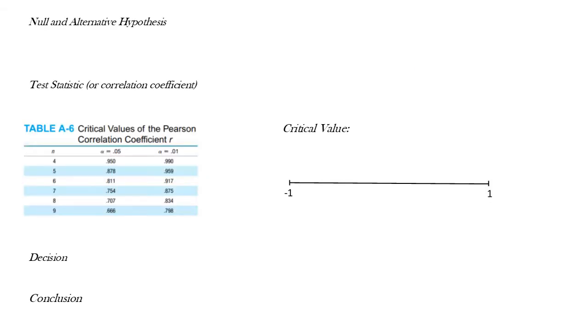So let's state the null hypothesis and alternative hypothesis for this scenario. Again, because we're testing correlation, we're going to assume for the null hypothesis that our population correlation coefficient is equal to 0, and alternatively it'll be not equal to 0.